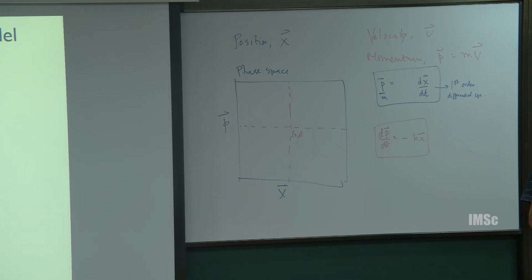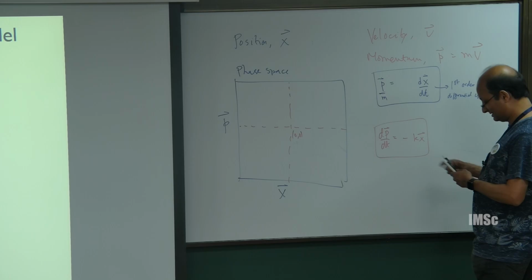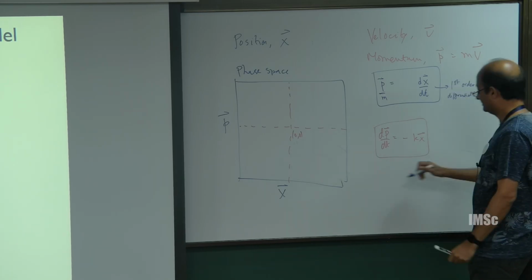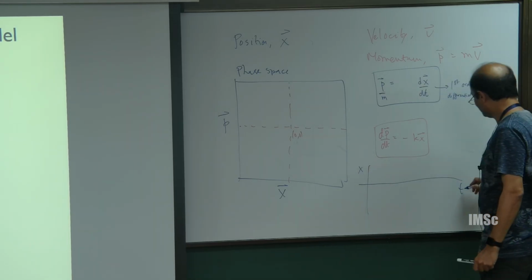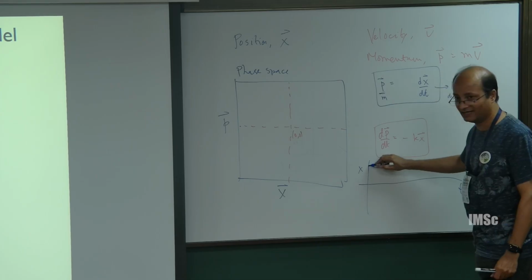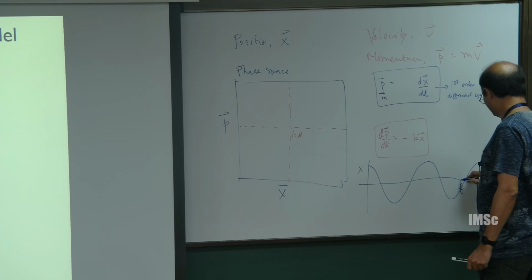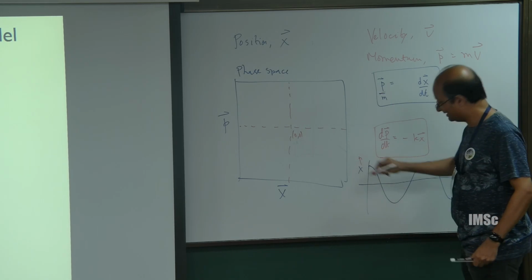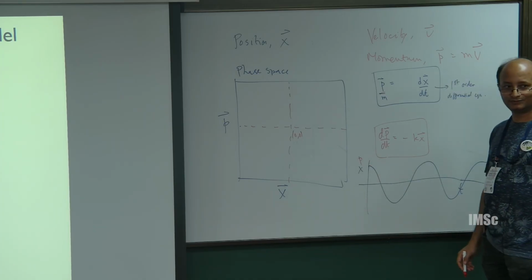Anyone? You know how it looks in time, right? If I look at x versus t, starting from somewhere here, it will look like a sinusoid. If I plot p using red color, what do you think it will look like?